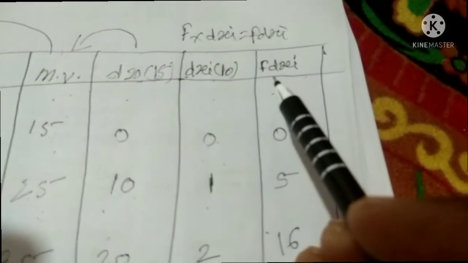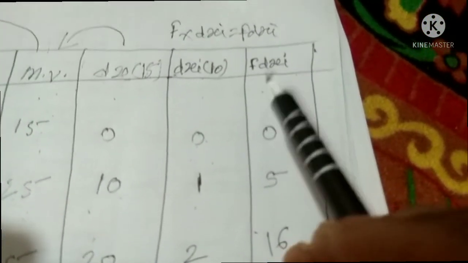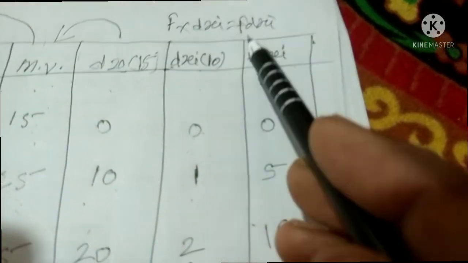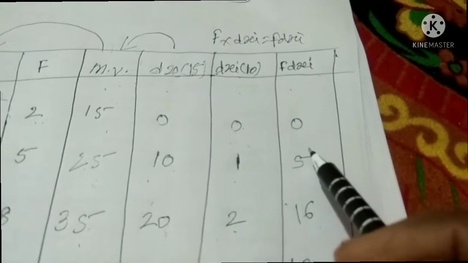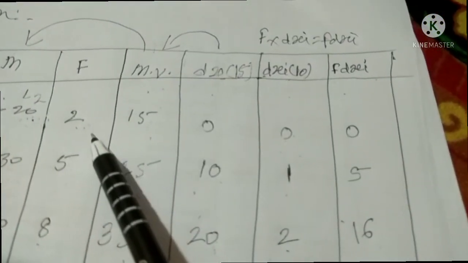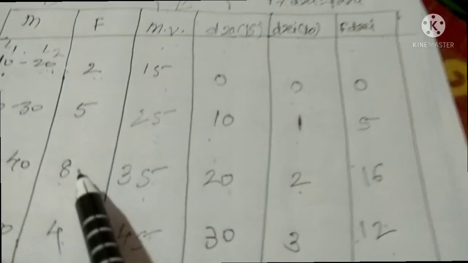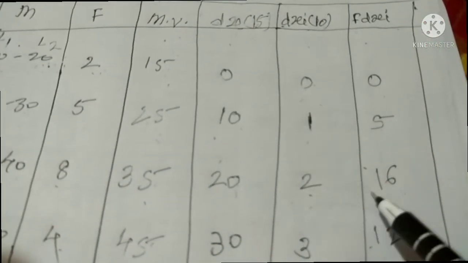After that, at last, we have to make the FDXI series. Already I have told you F into DXI. So 2 into 0, 0. 5 into 1, 5. 8 into 2, 16. So like this, we have developed the FDXI series.